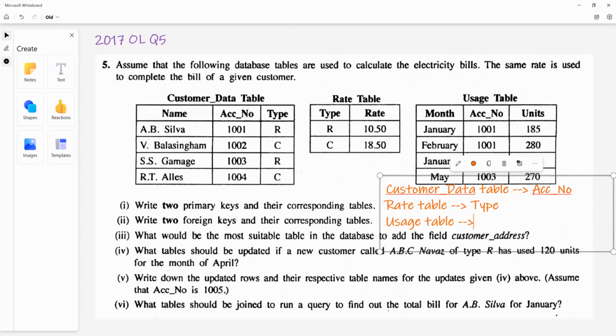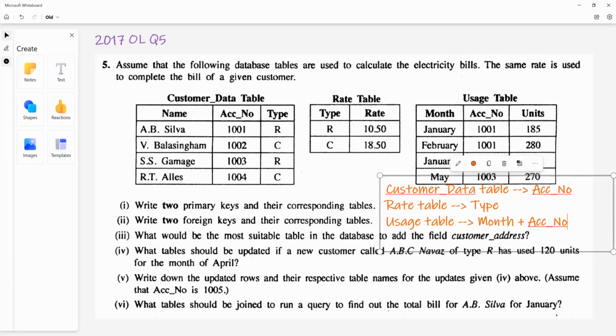Account number and what? Month. Yes. We can use month and account number. I have given you everything because knowledge of this is important to answer the next question. For the third one, usage table, you have to take both month and account number to find the primary key.